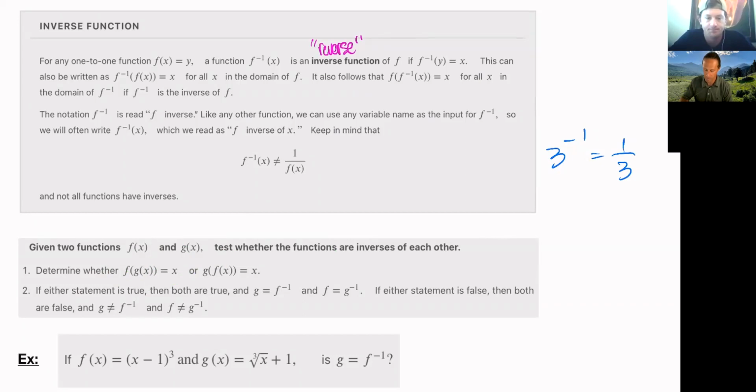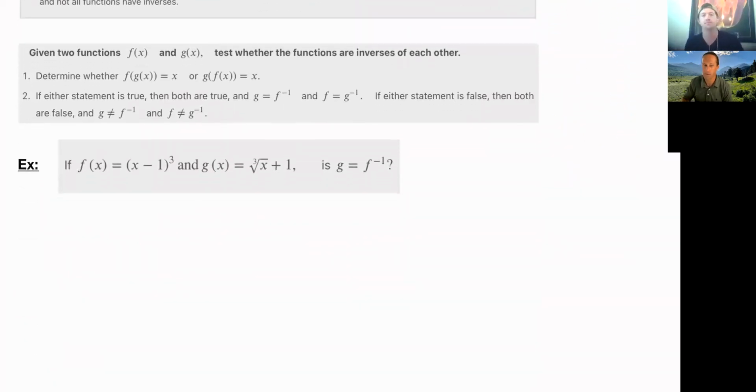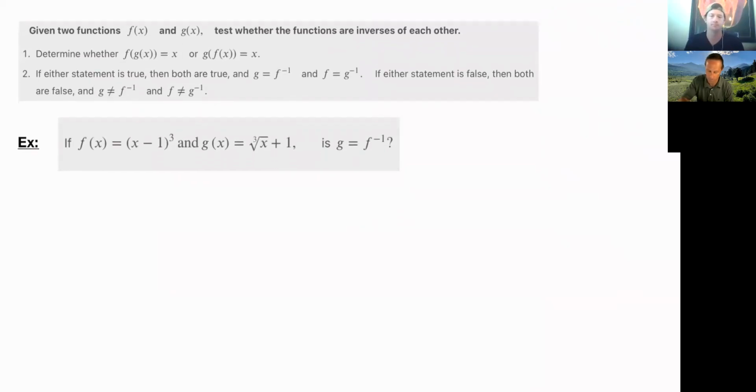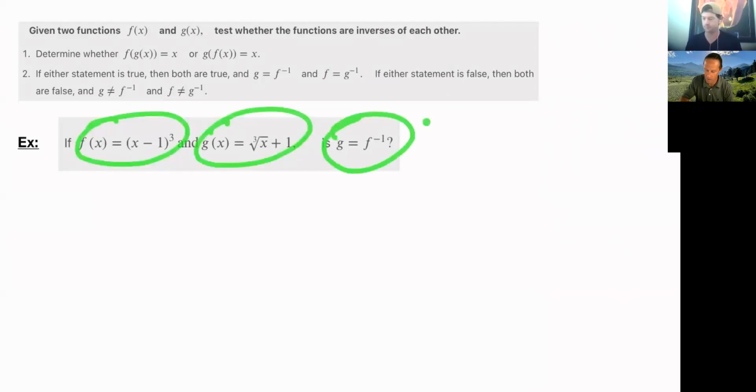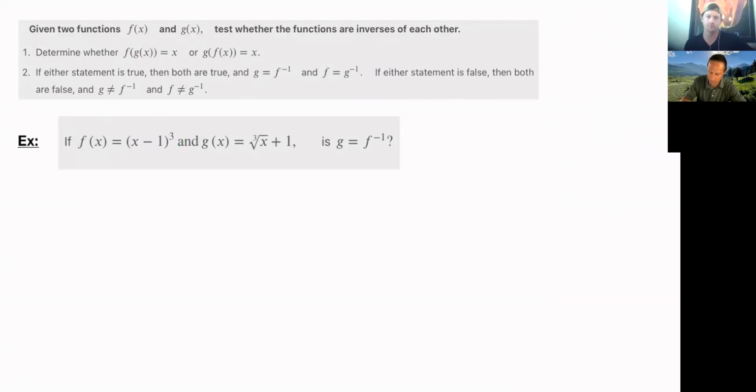Okay, so I'm giving you a quick example here that we can work through together and then wrap this up. What if I gave you this and this function, and I wanted to know, are they inverses of each other? What would we have to do? Just test.